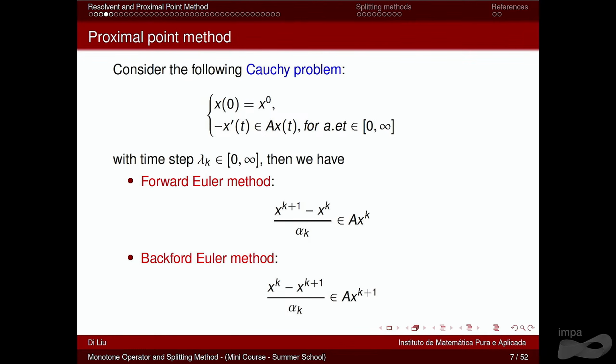We have two basic methods. First is the forward Euler method, and the second is the backward Euler method. One is an explicit method, another is an implicit method. Usually we see that the backward Euler method has better properties and better performance, okay? And we can interpret the proximal point method from the point of view of the backward Euler method. I will analyze it on the blackboard.